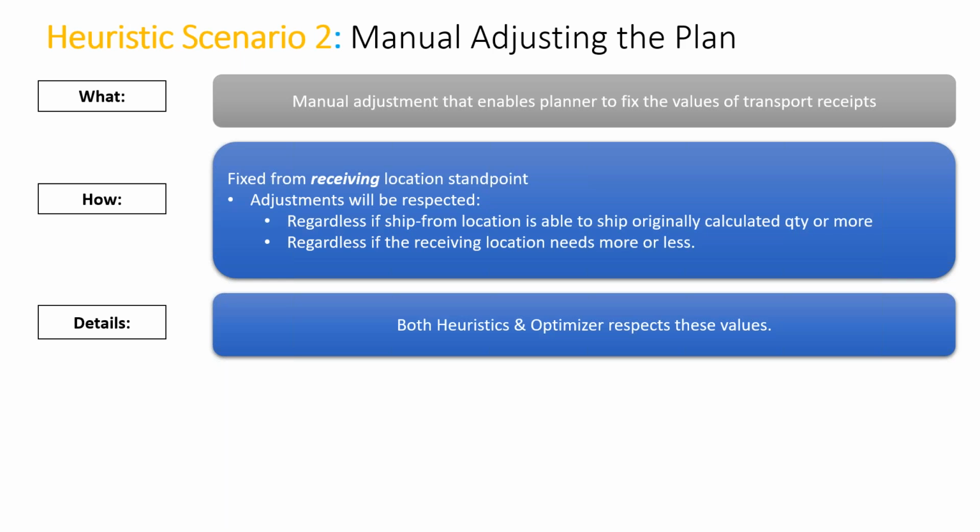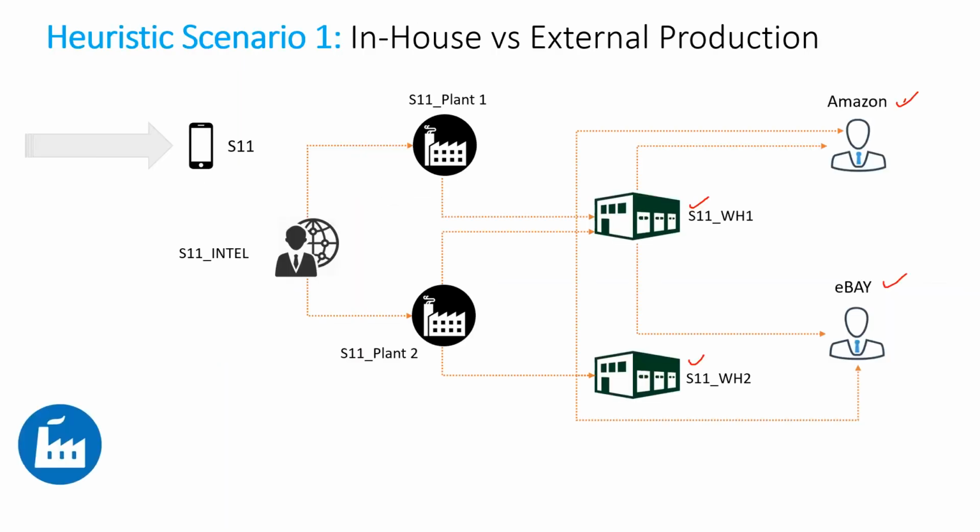Third thing is manually adjusting the plan. Sometimes we receive a particular input. For example, in this scenario, the co-packer might send an email, or the planner somehow knows that on week 10 I can give you only 10,000, please don't give me anything more.